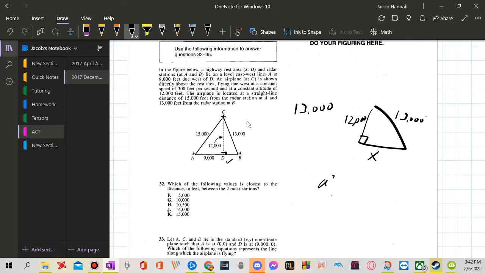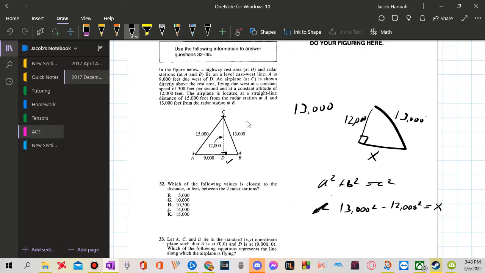You know, a squared plus b squared equals c squared, so do c squared minus a squared if you want that to be a squared. So do 13,000 squared minus 12,000 squared, and it's going to give you x.